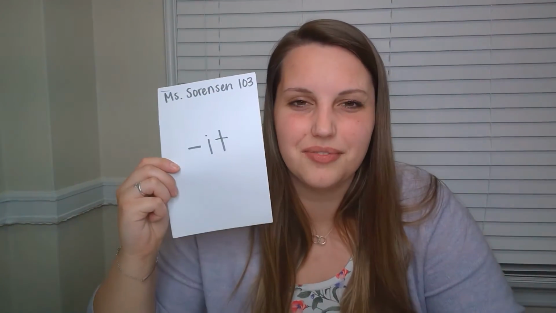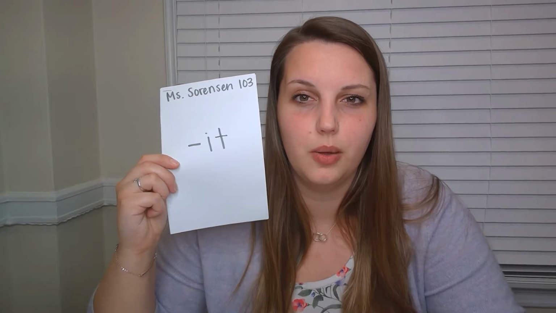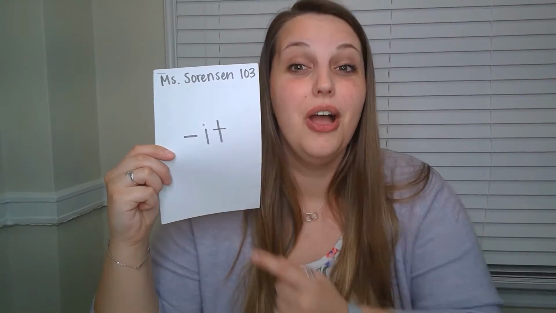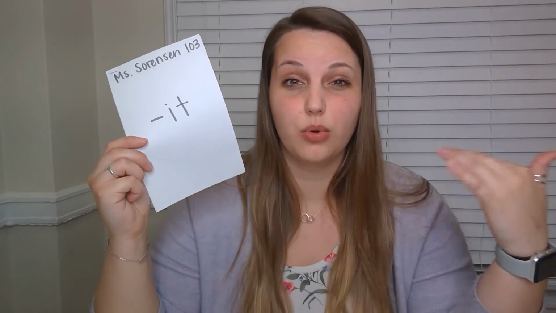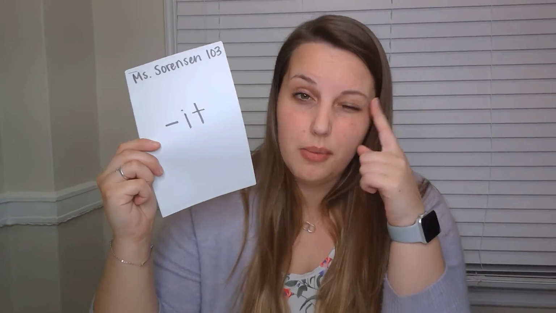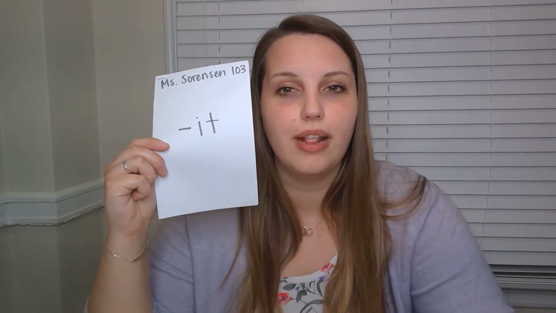Are you already thinking of some it family words? If you are, would you please write them on the cover of your it family word book? And remember, throughout the week, as we're writing more words, maybe more will come to you, and you just write them down so you'll remember, oh, that's an it family word. I can put that on the cover.